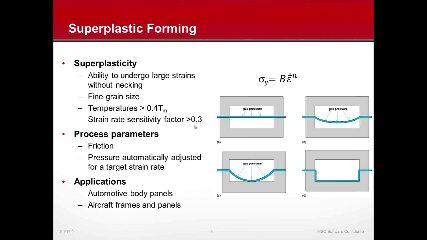And often the temperature is constant, but if the temperature changes, we need that information as well during the process. Often the elastic region is ignored, since it is performed at higher temperatures. There is very little elasticity, so that part is ignored. So these materials are generally modeled using a rigid plastic material model.